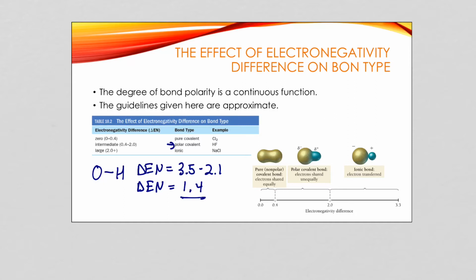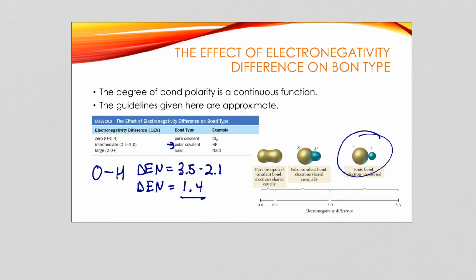Now, if that difference gets too big, if that difference gets to be 2 and above, then the difference becomes so great that these atoms no longer have the ability to share. One atom pulls so hard that it essentially rips the electrons away from the other one, and we end up with an ionic bond.